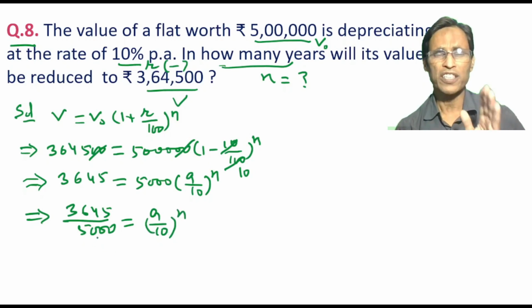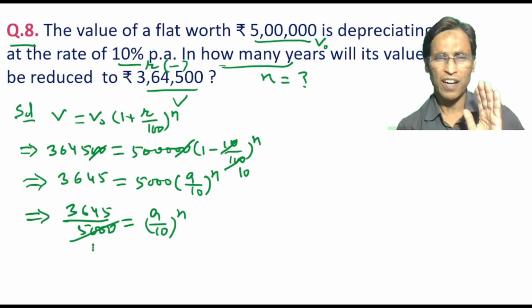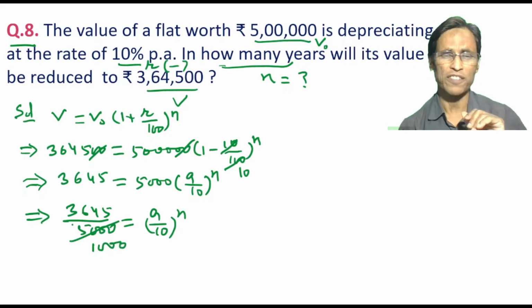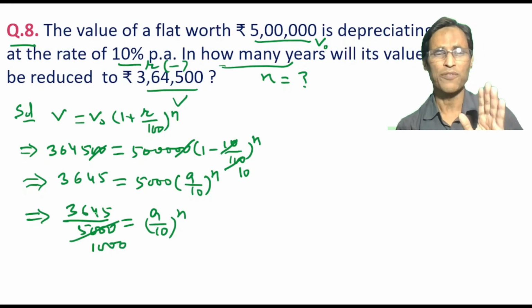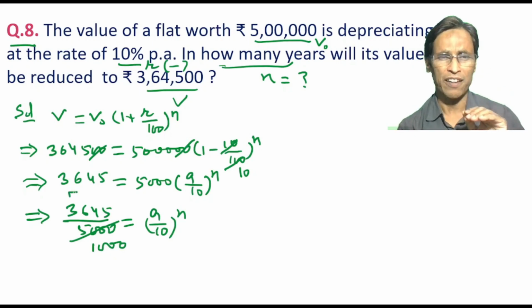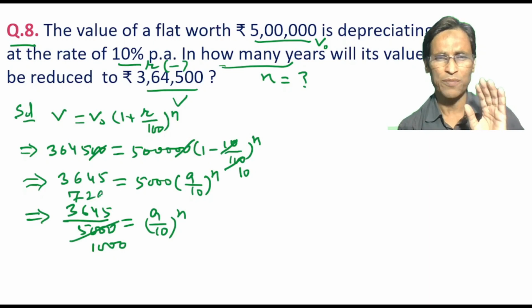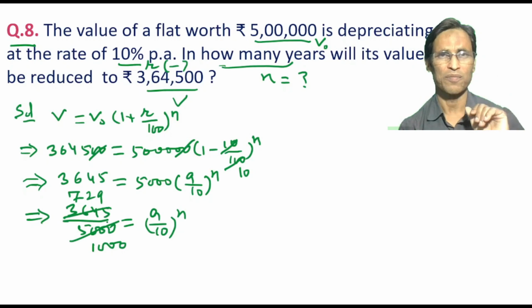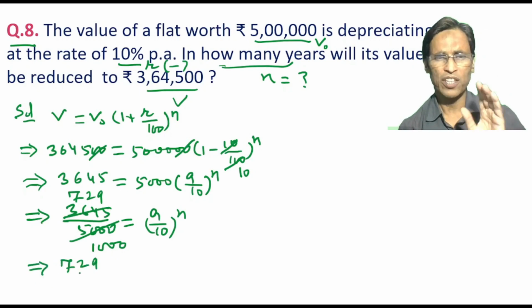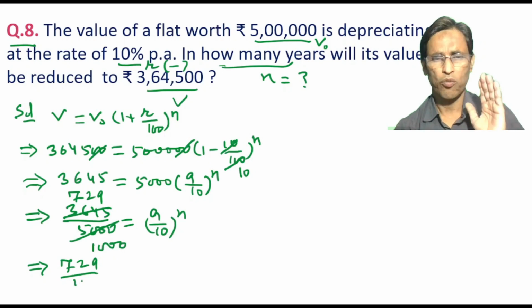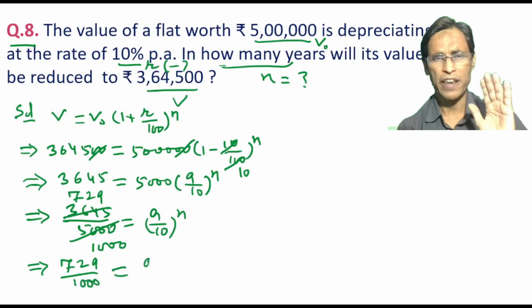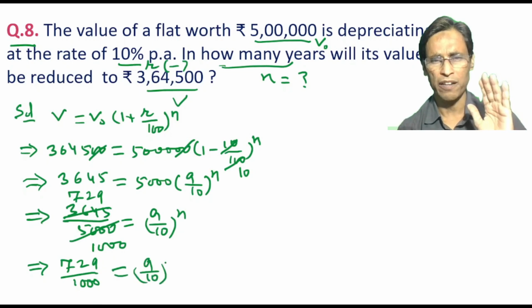Now 5000 is divisible by 5, giving 1000, and 3645 is also divisible by 5, giving 729, so we divide and cancel. In the next step, 729 by 1000, and in RHS it will be (9 by 10) to the power n.